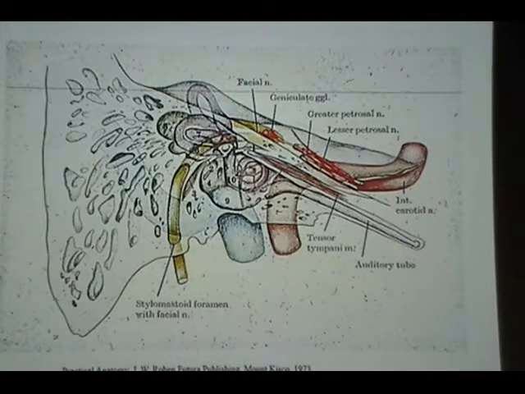The preganglionic neuron in this case is coming from the pons. Okay? It's a nucleus in the pons. We'll talk about this this afternoon in relationship to these nuclei and their relationship to cranial nerves. So the preganglionic fiber is coming from a nucleus in the pons.